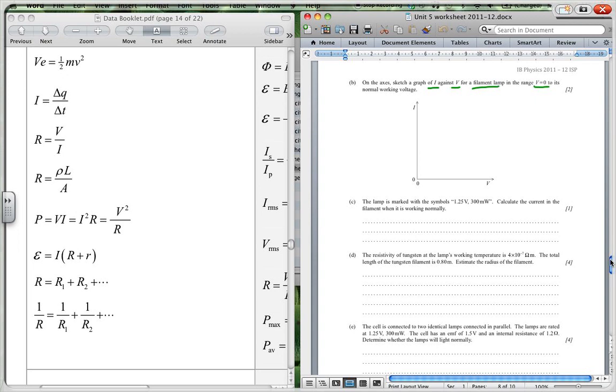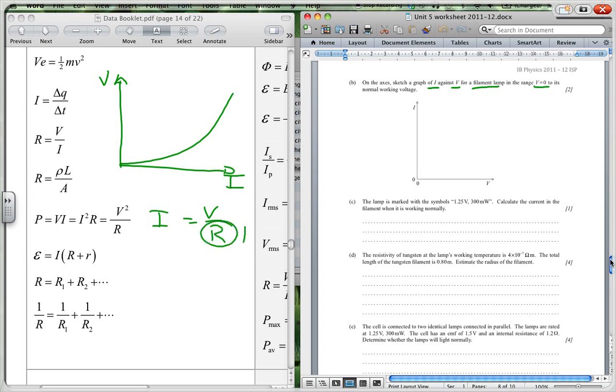So if I drew this as V against I, I'll get something like that. You can see here that as my voltage is increasing, my current is not increasing in a proportional way. The resistance actually is increasing. So because I is equal to V over R, as my resistance goes up, my current doesn't increase to the same value.